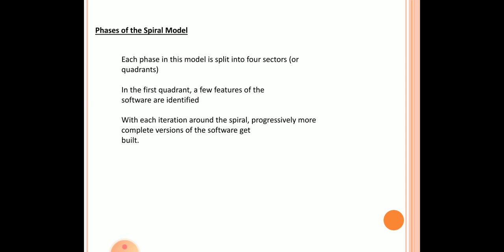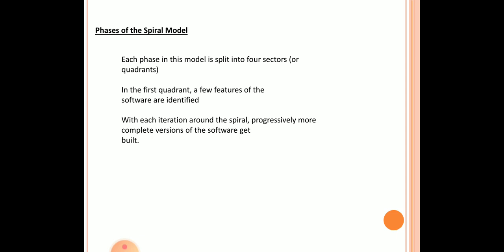As we said, the phases of the spiral model are like what we saw in the figure. Each phase in this model is split into 4 sectors or quadrants. In the first quadrant, a few features of the product are identified based on the severity of the risk, that means how crucial the risk is to the overall product development.